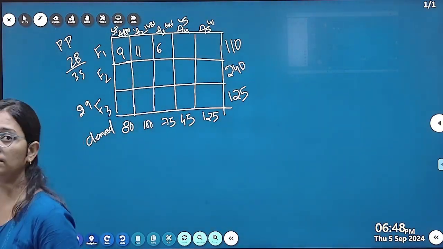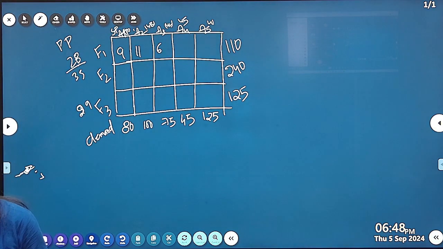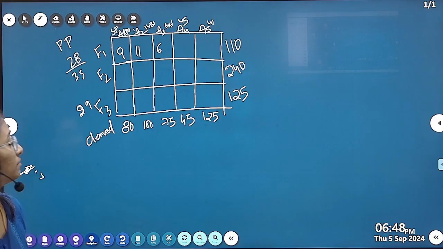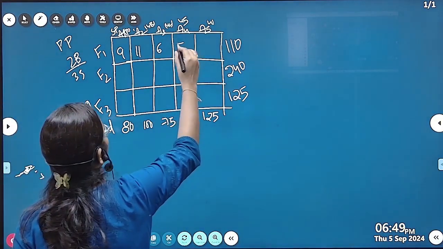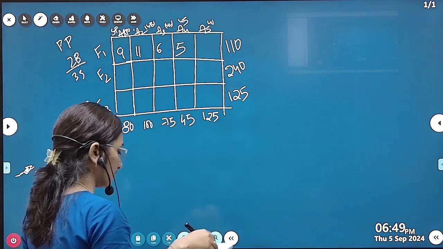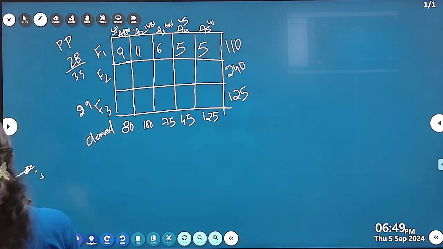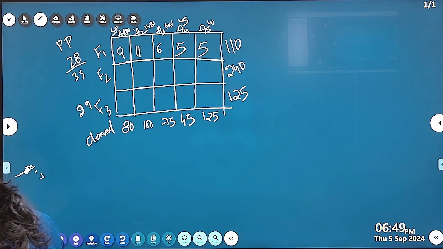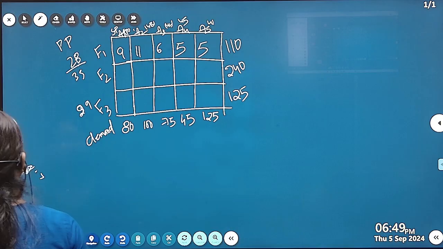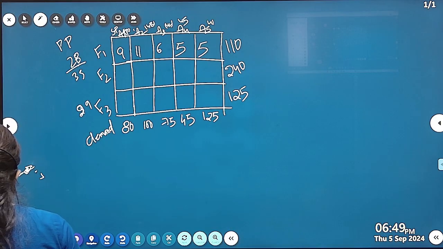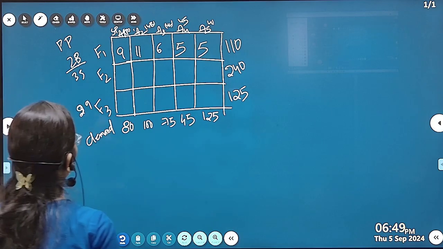Everyone online, only Anjana is telling. The next is 5, the next one also 5, and the next one also 5. Next, 35 plus 6 is 41, 41 minus 40 is 1.